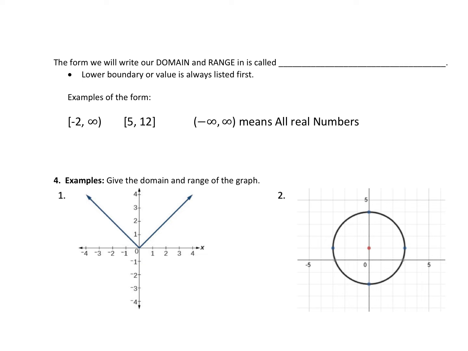Okay, it says the form that we will write our domain and range in, at least the one that's new for you, is called interval notation. We always do the lower boundary or value first. I'm actually going to do interval notation today and the form that you also did in Algebra 1, which is called inequality notation.